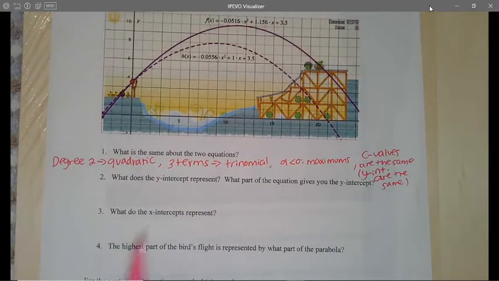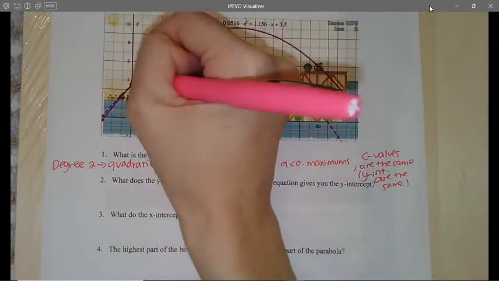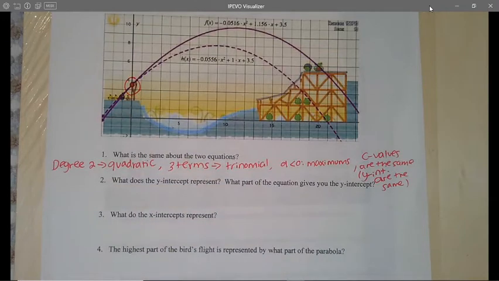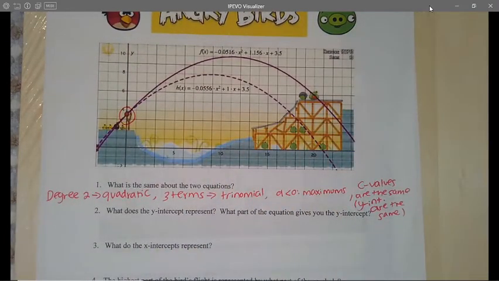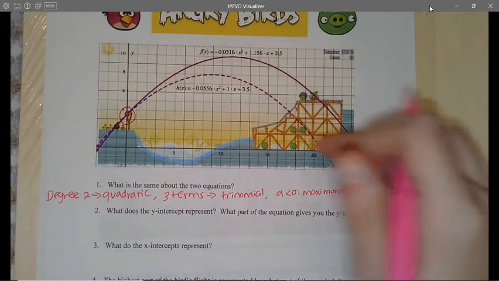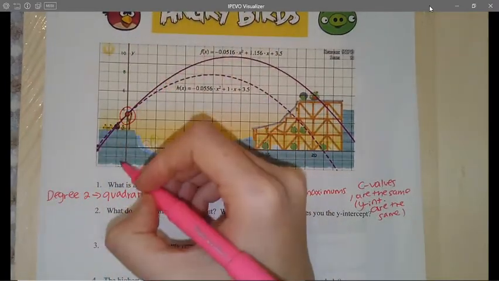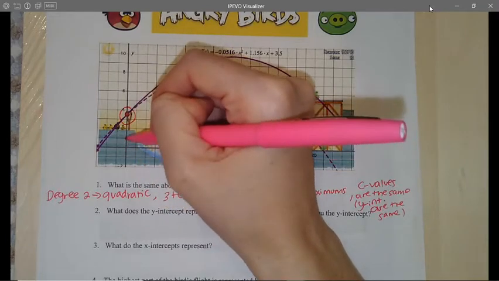The first one says, what does the y-intercept represent? In this scenario, what do you guys think the y-intercept right here represents in terms of this situation? Well, if we're talking about this is the distance that the bird has traveled, and this is the height, what would this be if we're located at the point 0, 3.5?